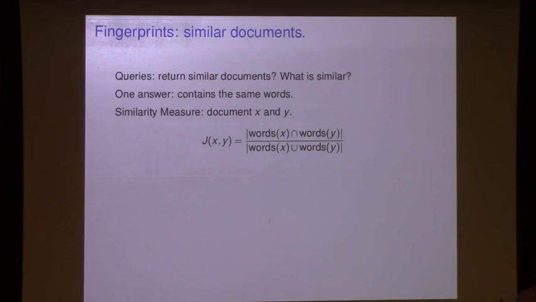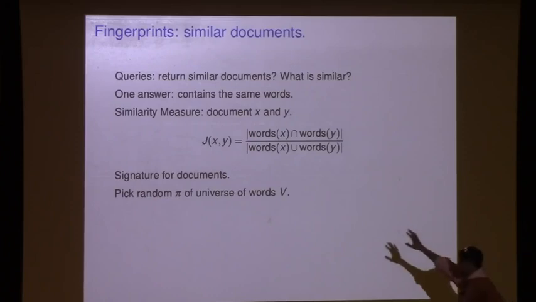So we want to make them very small. And now from these small signatures, these fingerprints of the documents, we should be able to compare them and recover the similarity. So it's sort of a signature for documents. Here's a proposed signature.